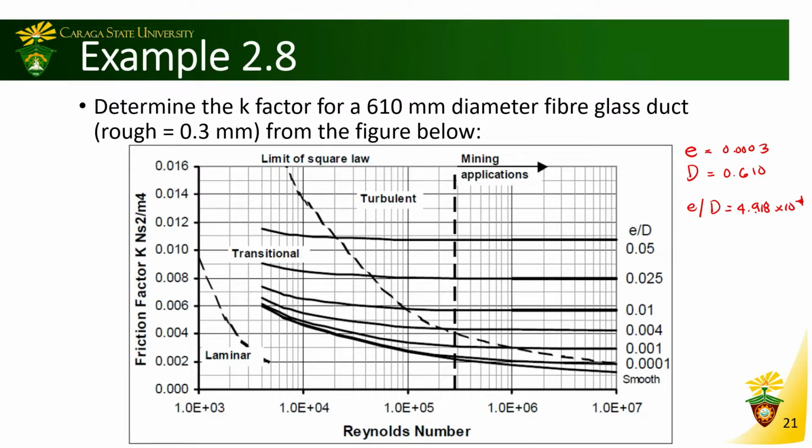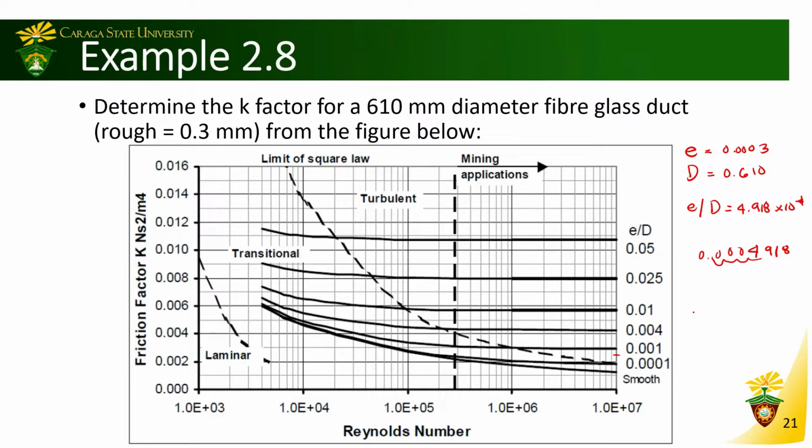So this gives us 4.918 times 10 to the negative 4, which is 0.0004918, somewhere in between 0.0004 and 0.001, right here. It's e over d.